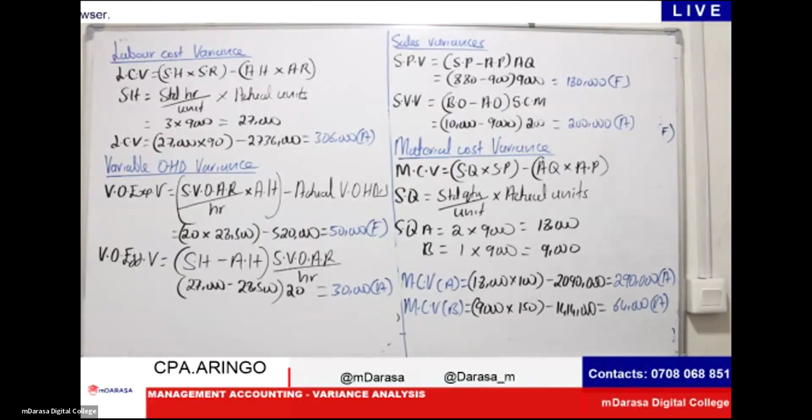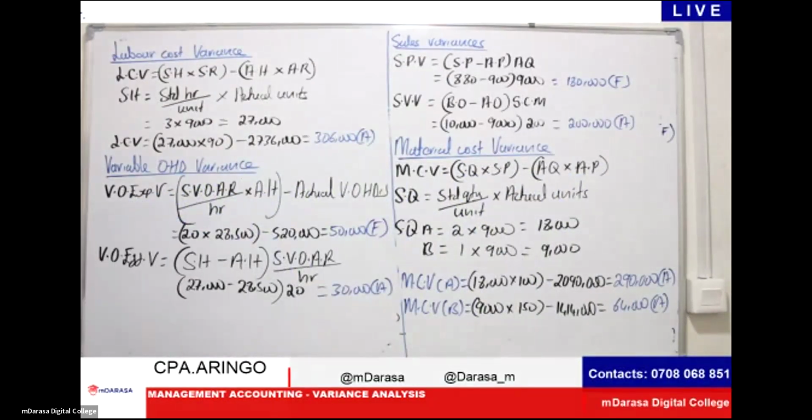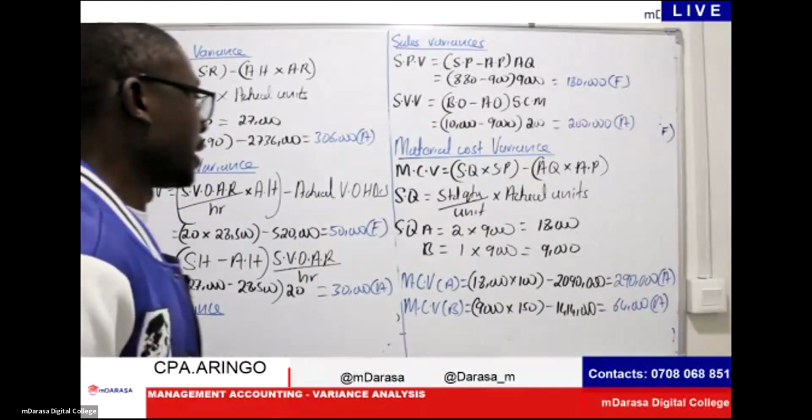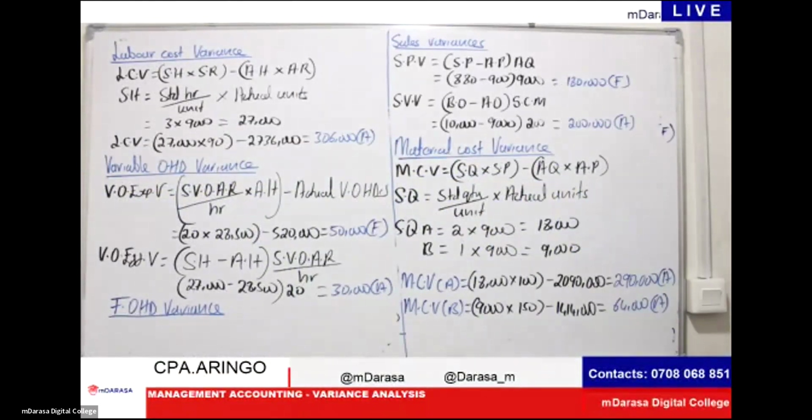Once we have achieved that, we proceed to the last bit, which is the fixed overhead variance. Because we are using marginal costing, we won't be required to compute the fixed overhead volume variance.